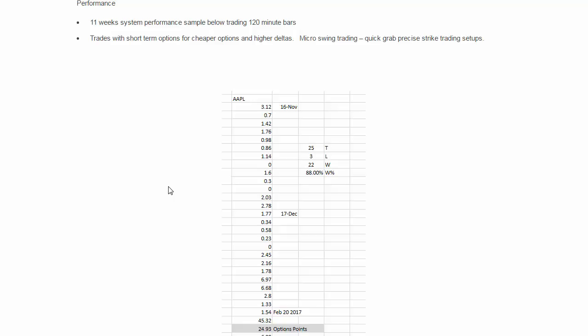But we don't use stops, so unless you have such a dramatic profit in one day, you simply have to hold it overnight, and that covers that.